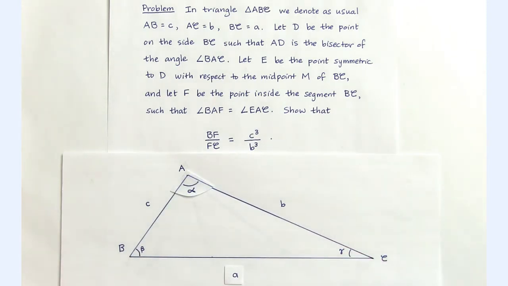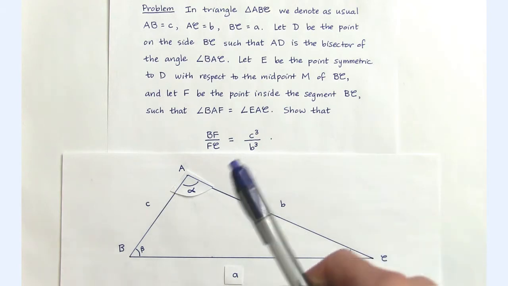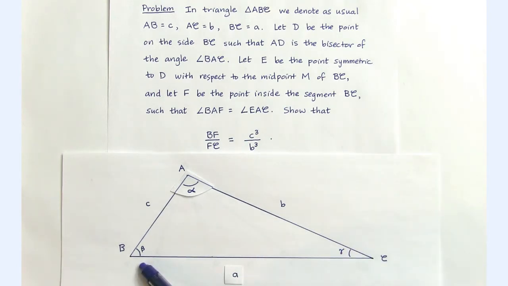And in this triangle, I've made the angle beta larger than the angle gamma. And after I've shown how to solve the problem, I will show how this doesn't matter and that the answer is going to work out the same if I make the angle beta smaller than the angle gamma, or if beta and gamma are equal.